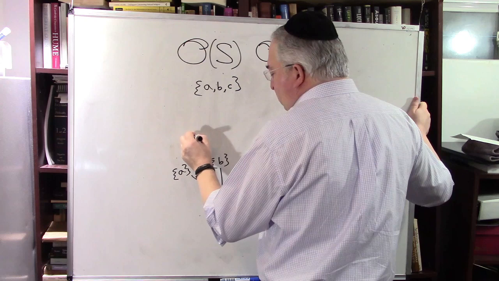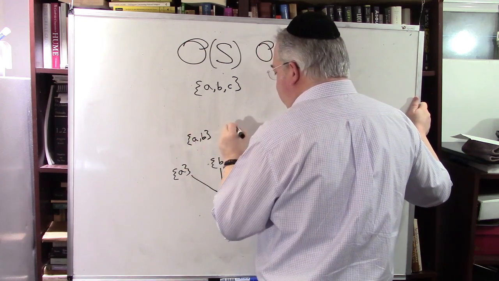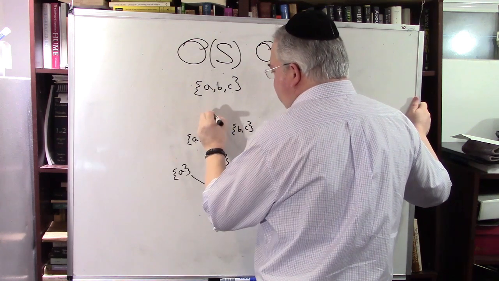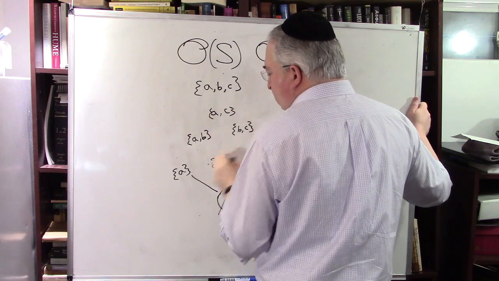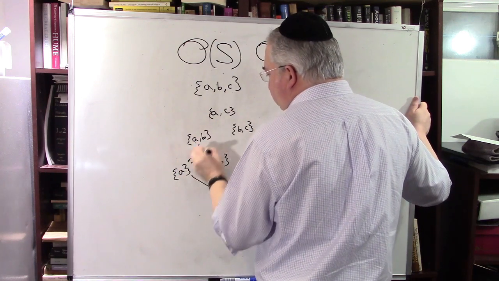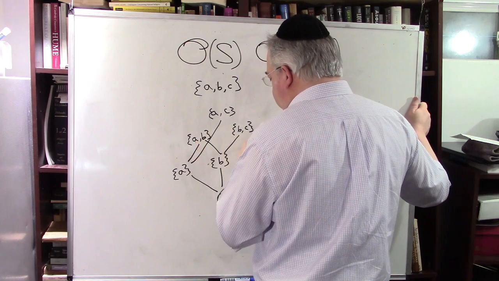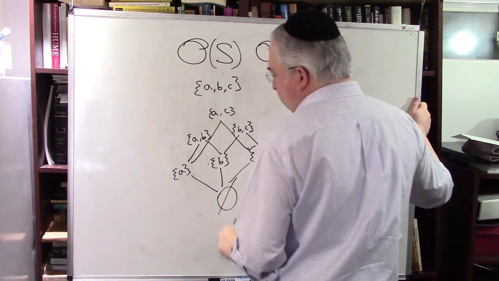Okay. Next, we have the set that contains AB, the set that contains BC, and finally the set that contains AC. This includes into this. This includes into this. This includes into this. This includes into this. This includes into this, and this includes into this.